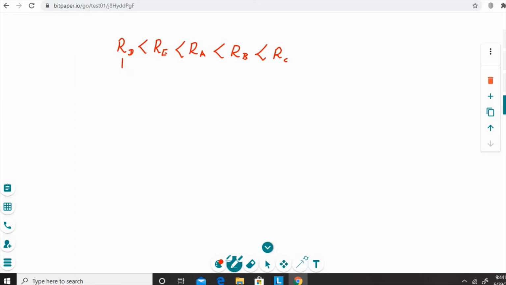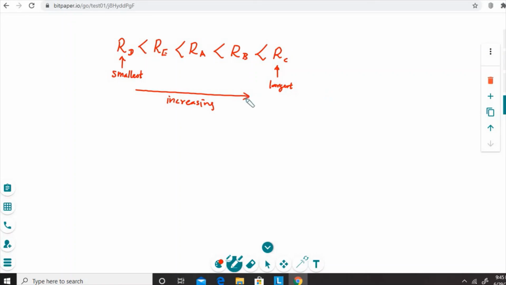So this is the smallest equivalent resistance, and this is the largest. In this direction it's increasing, that means the resistance increases.